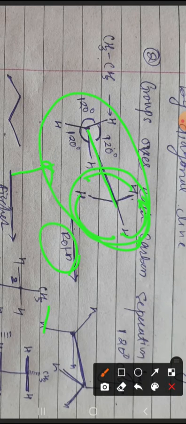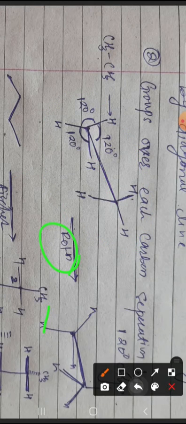We have to change one carbon with respect to the other. We take one carbon as stable, as constant, and rotate the other carbon, either one. Either this one or this one. If I take this one constant, then with respect to this carbon, this is the rotation, like this.